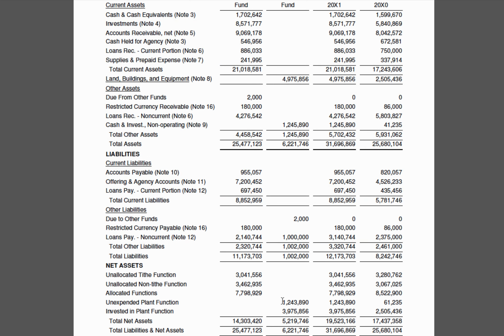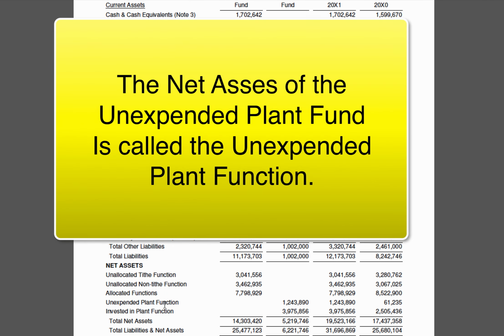Okay, and so we have an unexpended plant fund, sub-fund, built into this plant fund, and we have the invested in plant fund built into here as a sub-fund. Well, to keep these two parts separate after we have combined them into one fund, we call the portion of the plant fund that belongs to unexpended plant, we call that the unexpended plant function.